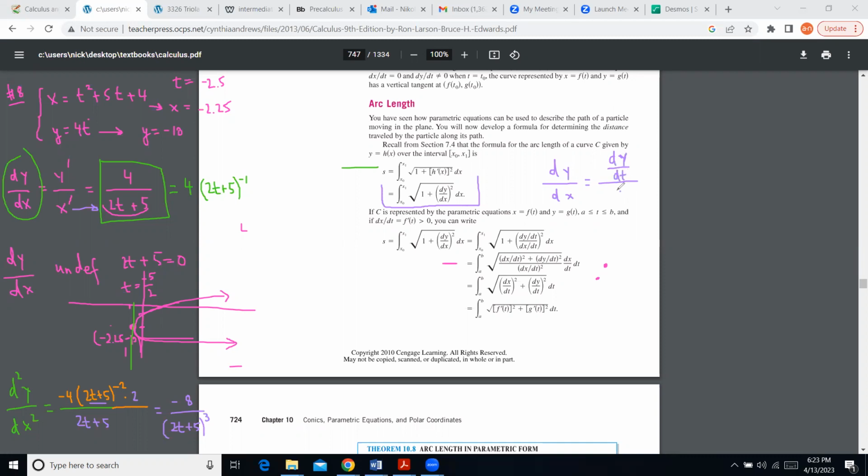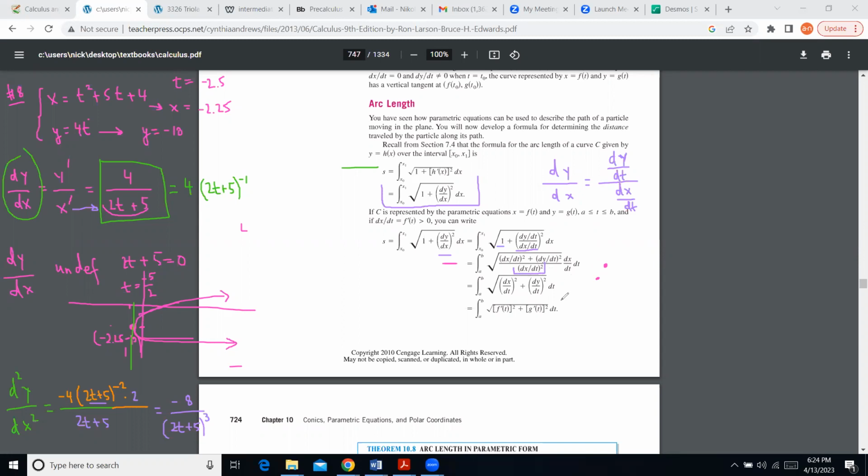And then dx/dt. And then they do a little bit of algebraic manipulations. So they wrote it like that, squared. And what they actually are doing is finding the same denominator inside this radical, and then they factor out this denominator and end up with a canceling of dx over dt.